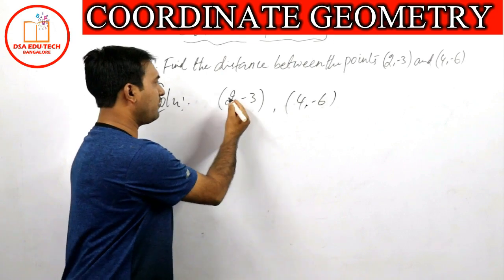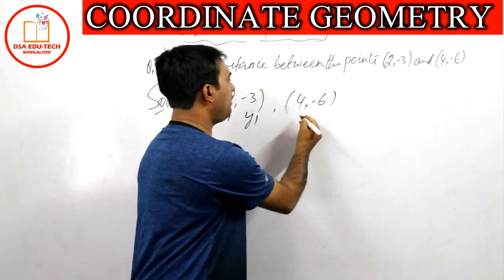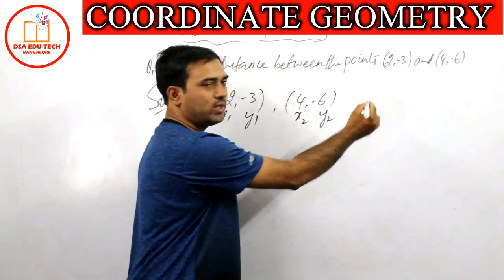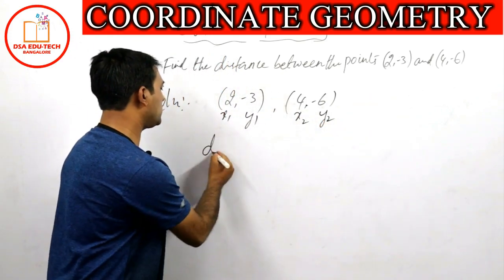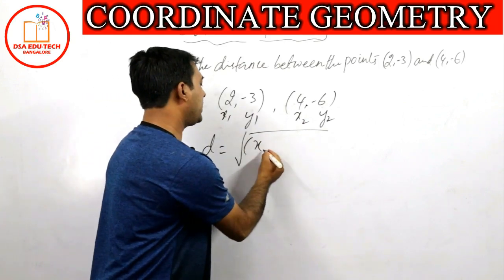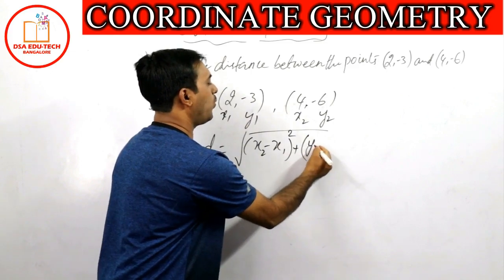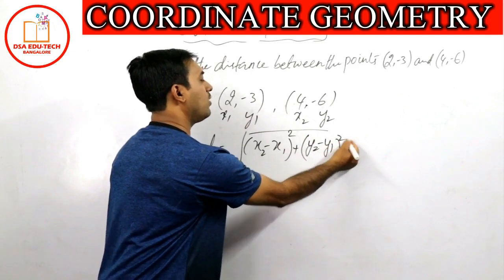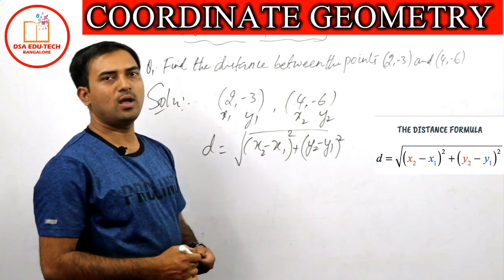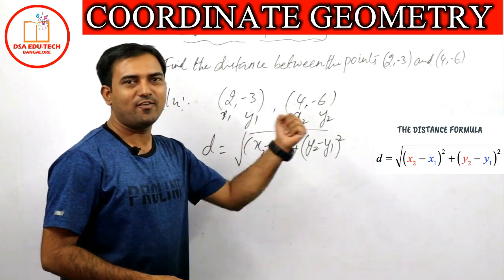First point is x1, y1, second point is x2, y2, and the distance formula is d equal to root under x2 minus x1 whole square plus y2 minus y1 whole square. Now what you need to do is just replace the x value and y value.